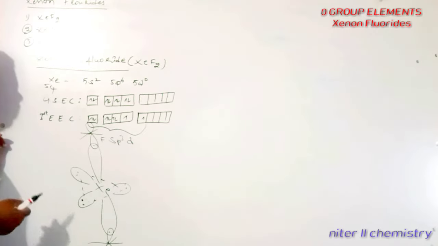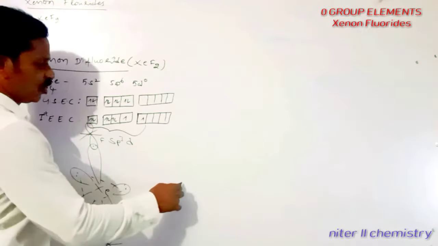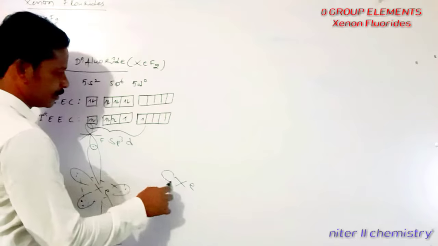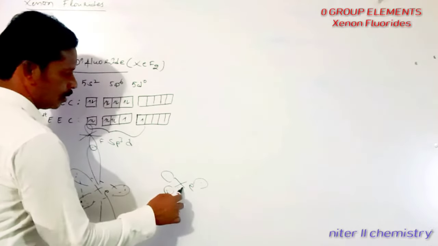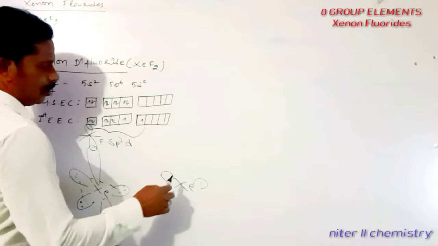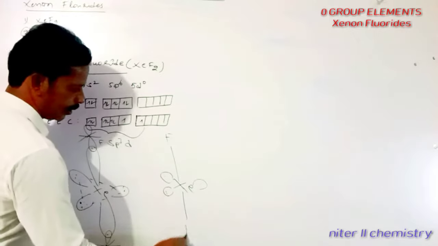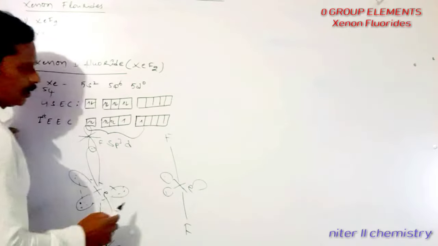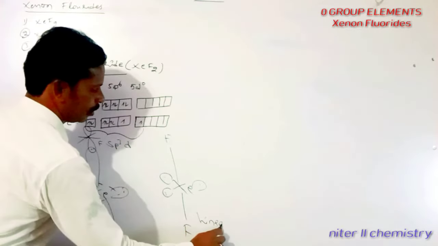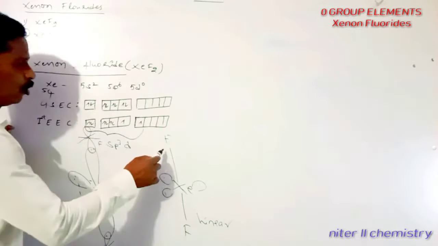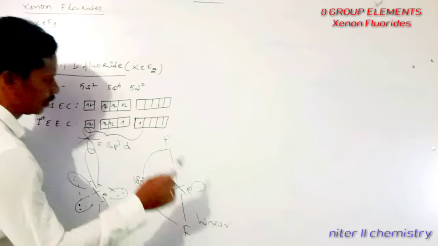Then the geometry of xenon dichloride looks linear in shape. So you can write like this, with one bond here and another bond there. So it is linear geometry. The bond angle we can write as 180 degrees.